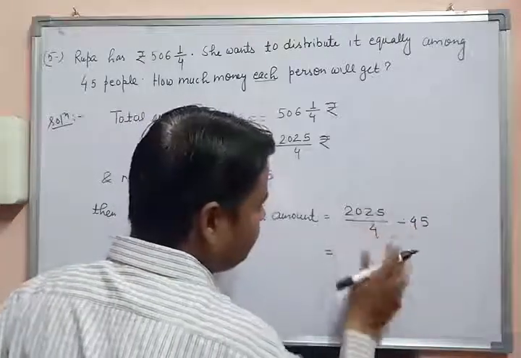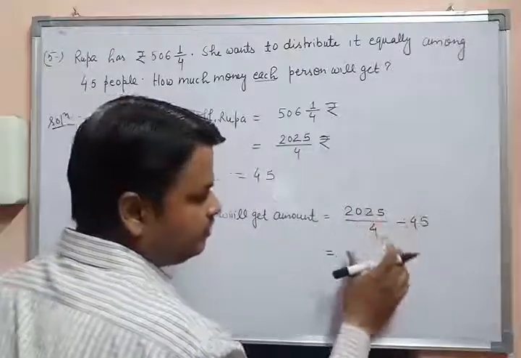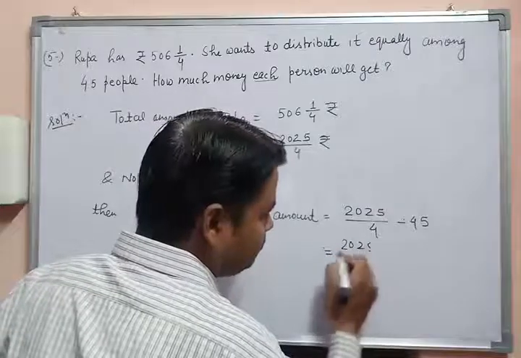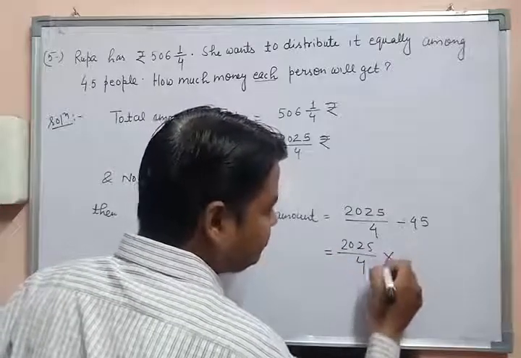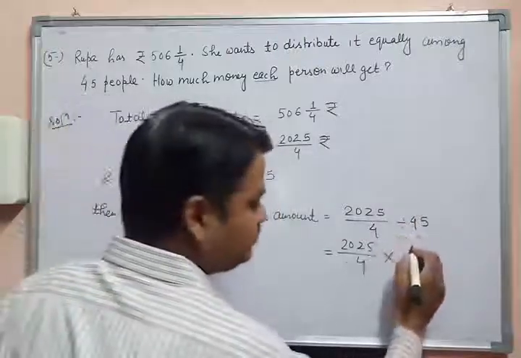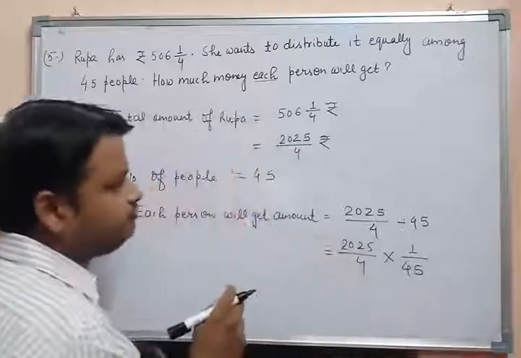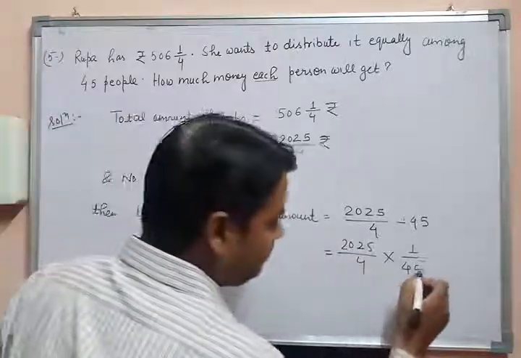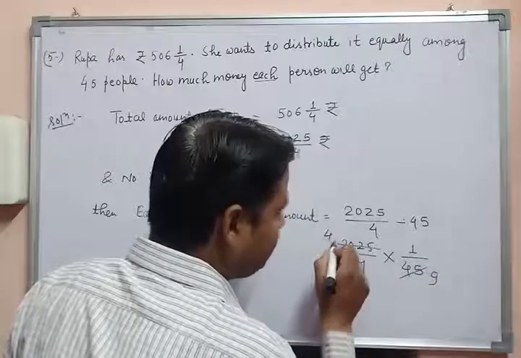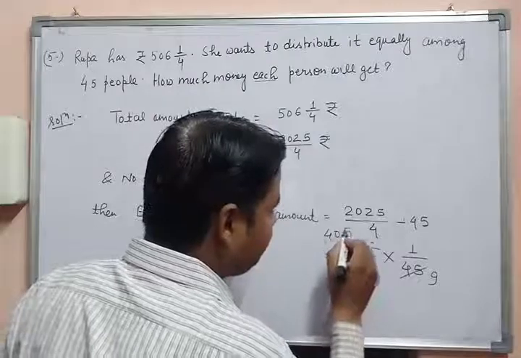Now students, you all know the concept of division of a fraction by a whole number. You have to remove this division and write the reciprocal of 45, which is 1/45. Now 5 9s are 45, 5 4s are 20, and you write 0, then 5 5s are 25.